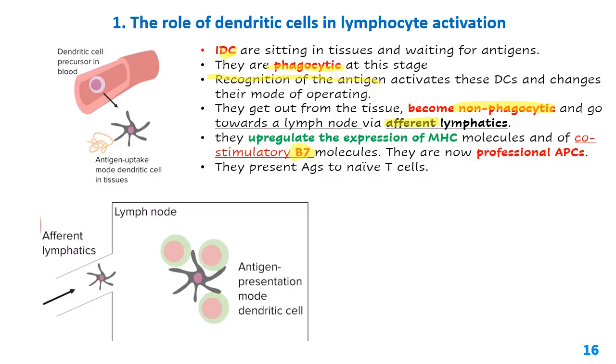This is why they are called professional antigen-presenting cells. Okay? Do other cells have B7? Well, yeah. B cells have B7, but not a lot of them. And in order to activate your naive T cells, you have to have a good expression of B7, because the T cells will want to get activated by B7.